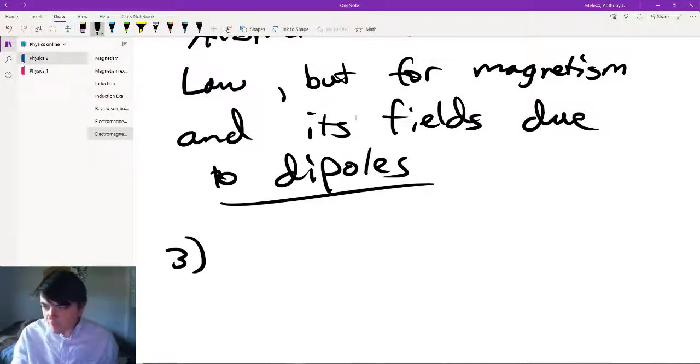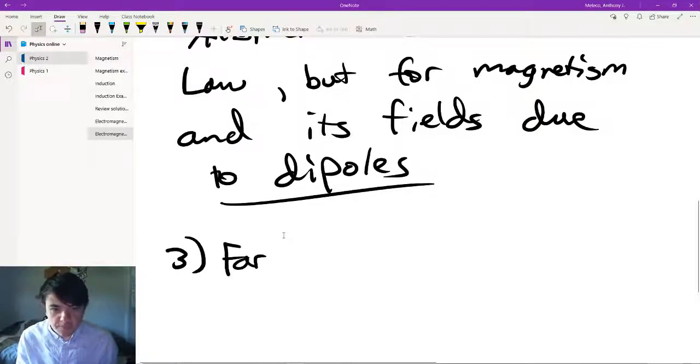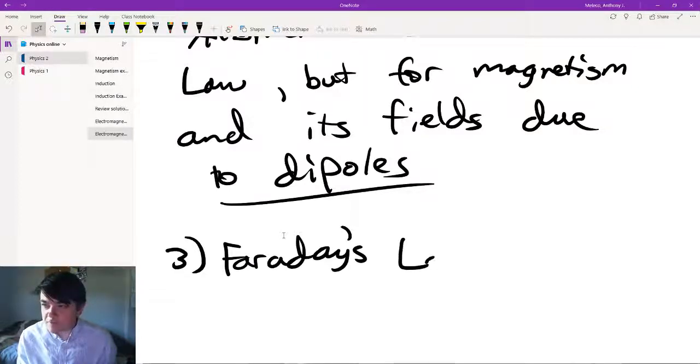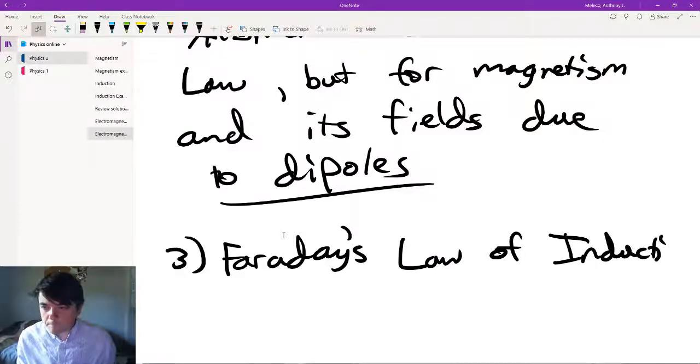The third one we talked about recently was induction, and that's the third of Maxwell's equations. This is Faraday's law of induction.